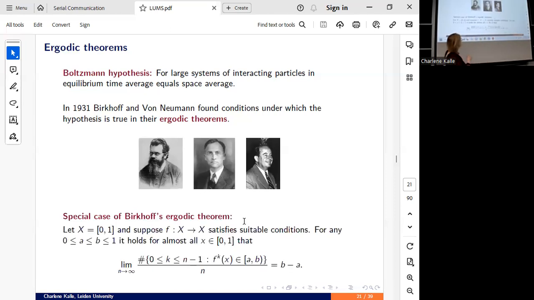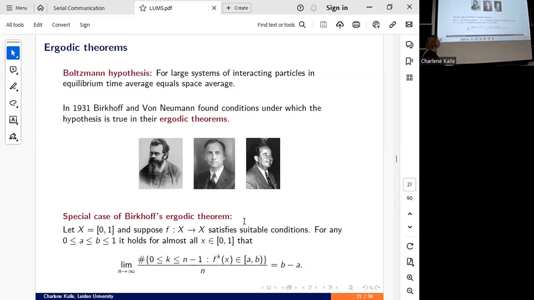So, a special case of Birkhoff's ergodic theorem. I've filled in all the details. This is a very special situation, the following. For the state space, I took the unit interval, and the function or mechanism that gives you the time evolution has to satisfy suitable conditions.